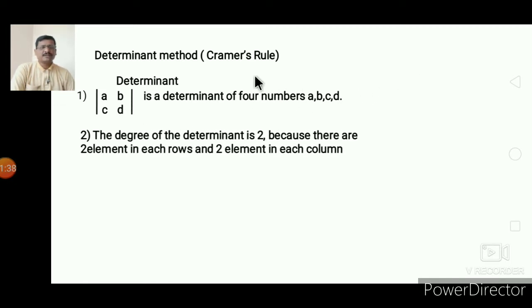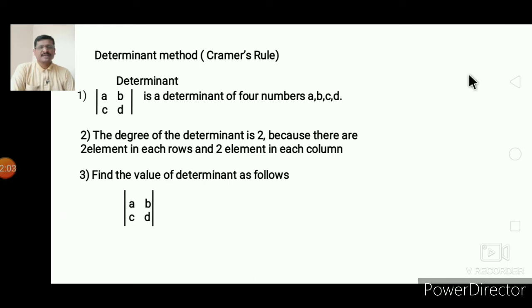The degree is 2 because there are two elements in each row, A B and C D, and two elements in each column, A C and B D. Next, find the value of the determinant as follows.